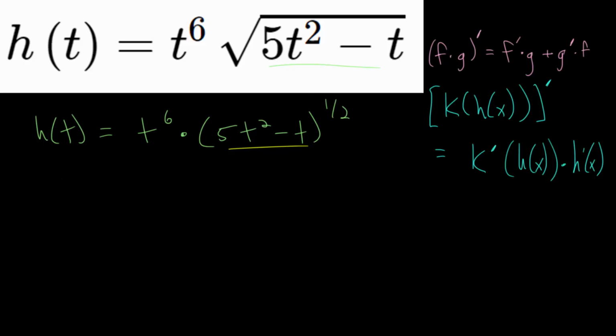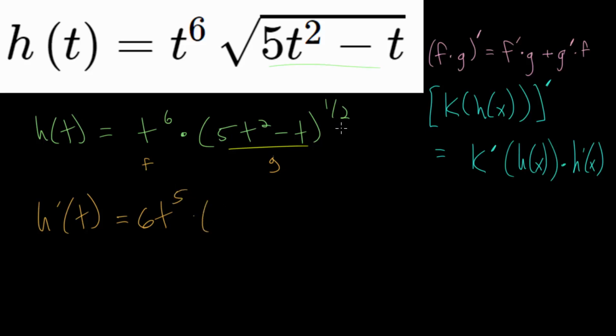So let's actually start computing this. We want h prime of t, the first derivative of h with respect to t. And basically with our product rule, we can call this f and this g. So we take the derivative of the first function, we use the power rule, we bring down the 6, and we subtract the exponent by 1.